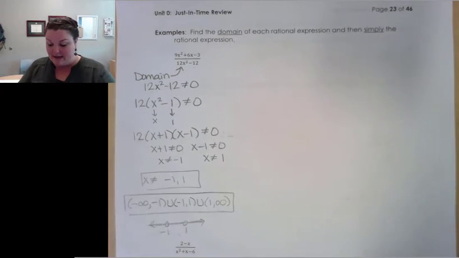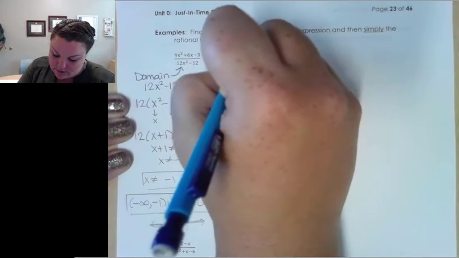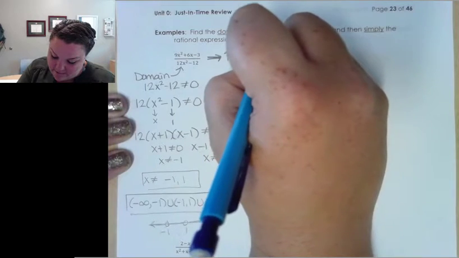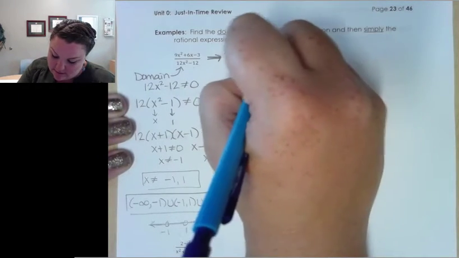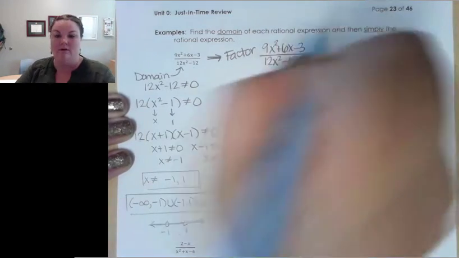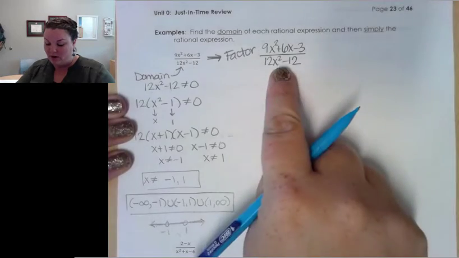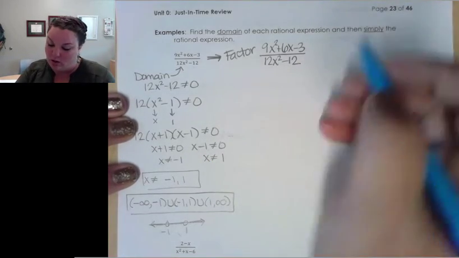Now we want to go ahead and factor so that we can reduce. So we have 9x squared plus 6x minus 3 all over 12x squared minus 12. The bottom we already did over here, so I'll put that in in just a second, but let's go ahead and work on the top.